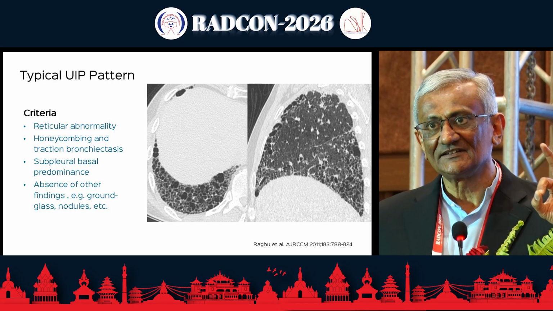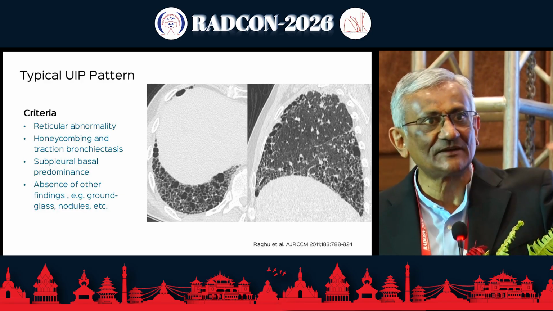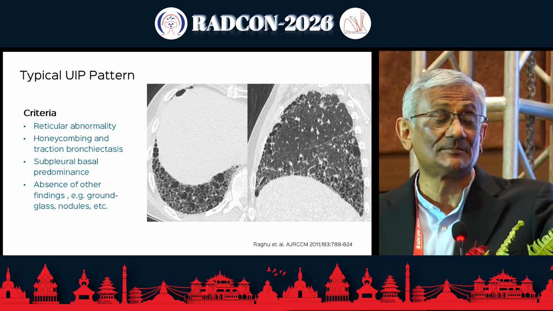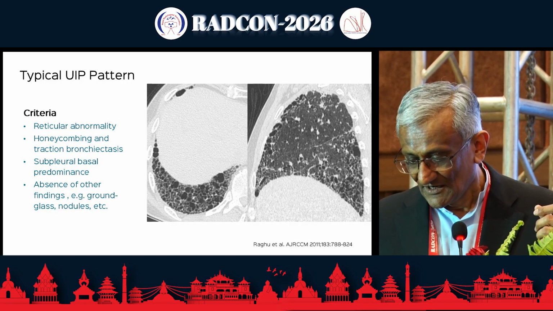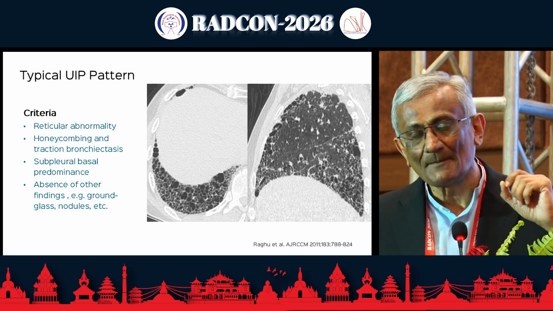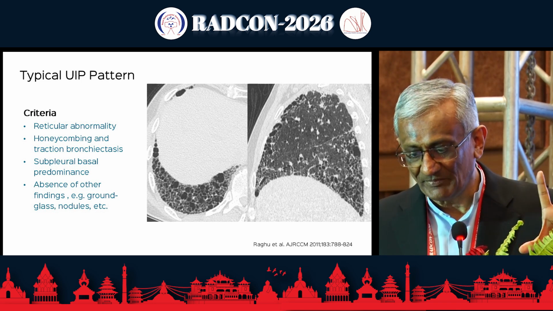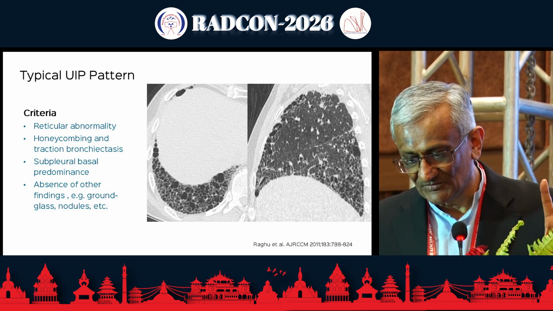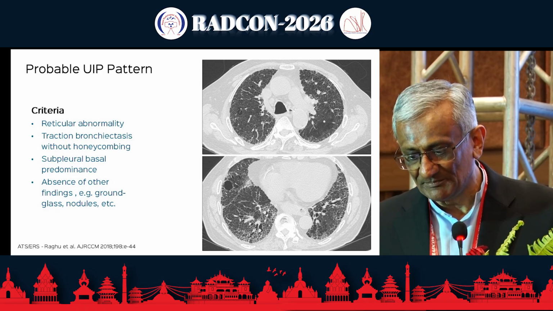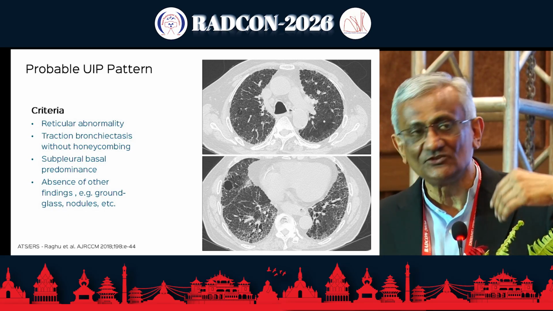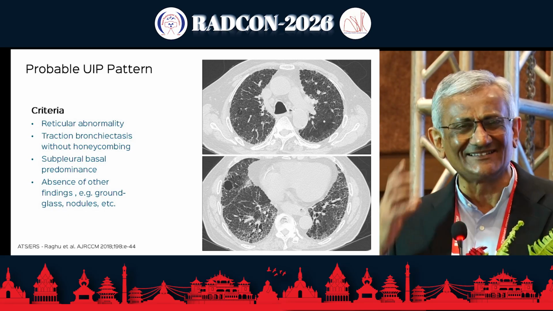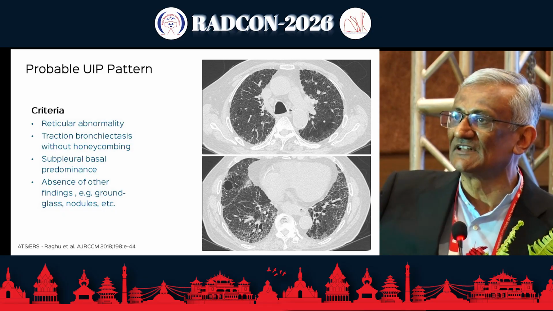No ground glass, no nodules, no septal thickening, nothing else. I'll speak about ground glass in the next ten or twelve minutes. If you have the same pattern, reticular opacities, traction bronchiectasis, subpleural basal predominance, nothing else, but without honeycombing, then you call it the probable UIP pattern. In one sense, it's just UIP without honeycombing.